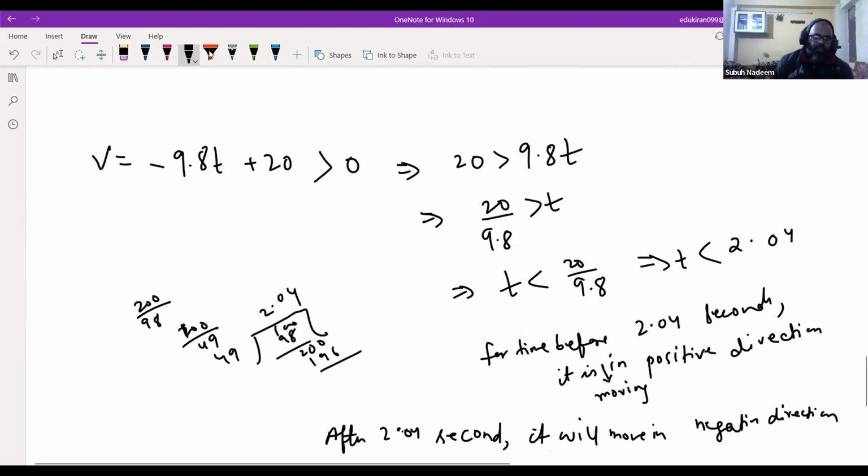This is how we will divide: 200 by 98 is equal to 100 by 49. This is actually 20 by 9.8, which is 200 by 98, and then do the division.